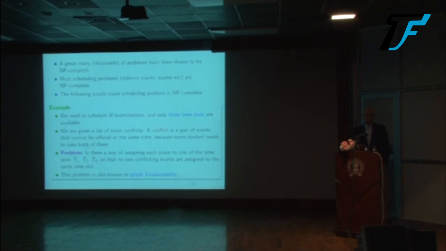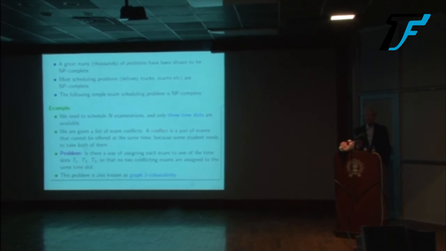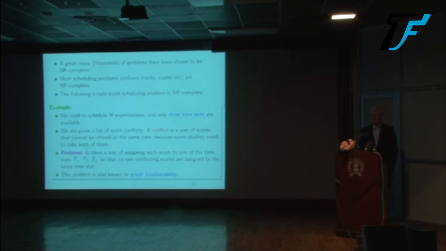Okay, as I say, what's remarkable is that thousands of problems have turned out to be NP complete. Most scheduling problems, like the sort I mentioned, jewelry, trucks, exam scheduling, etc., turn out to be NP complete.